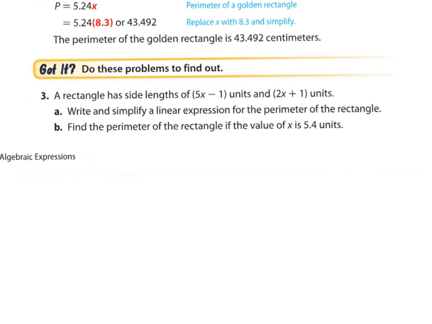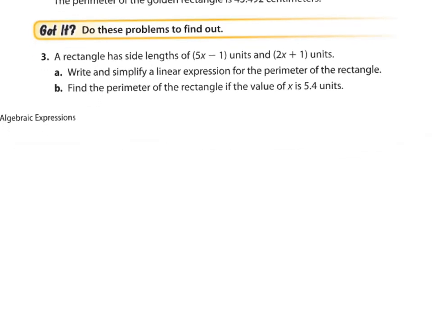Now that we have seen that, let's try 3a and b. 3a, a rectangle has sides length of 5x minus 1 units and 2x plus 1 units. Let's draw that rectangle now. Forgive me, I do not have a ruler, so I'm going to just do what I can.